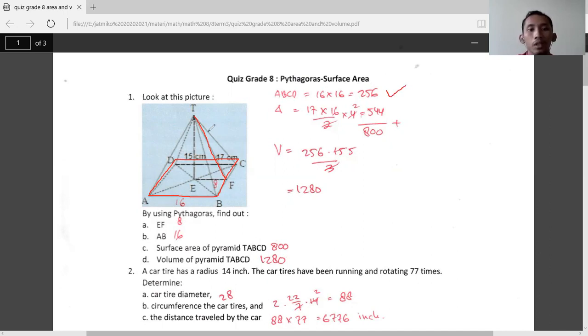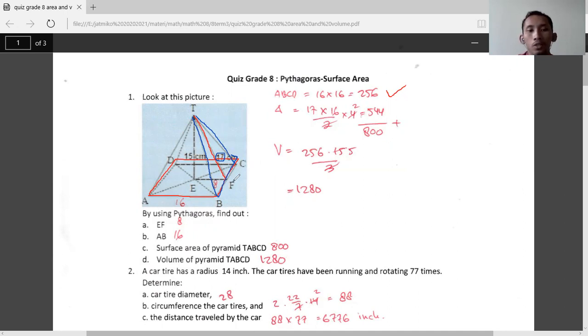And then how about the lateral area? You can see from this triangle. There are 4 triangles with the same size, with 17 as the height and 16 as the base side.